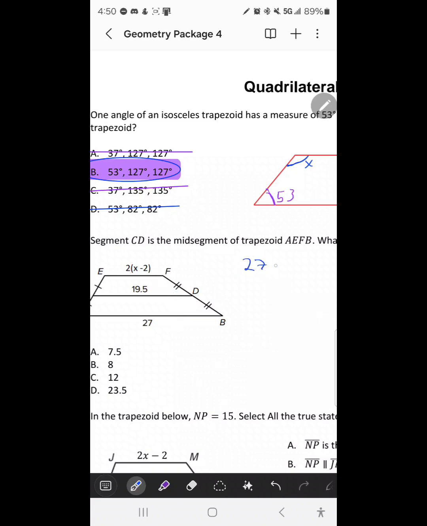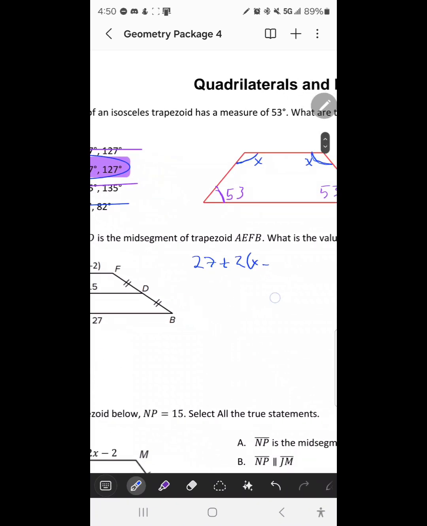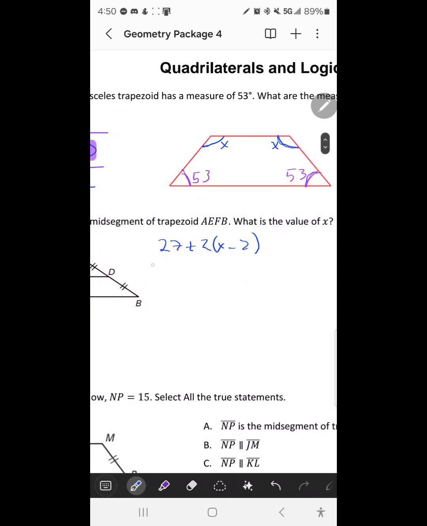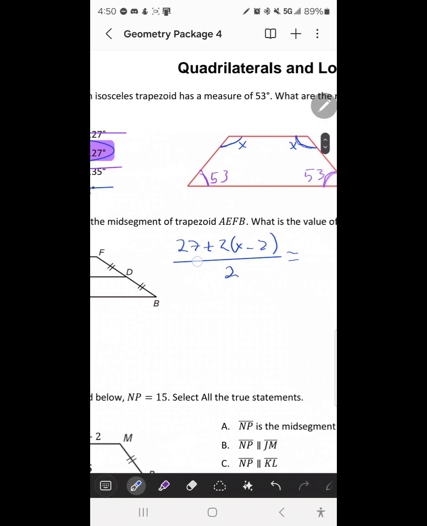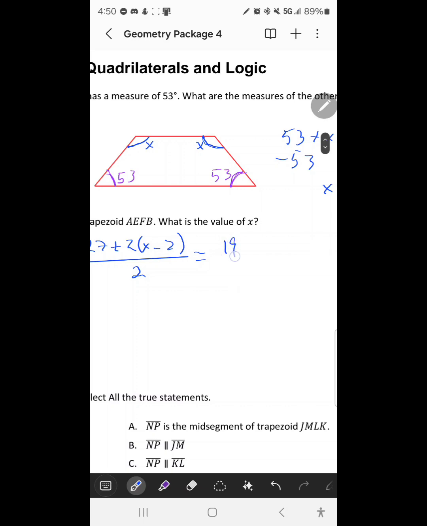So 27 plus 2x minus 2, divided by 2, is going to be equal to the midsegment, which in this case is 19.5.